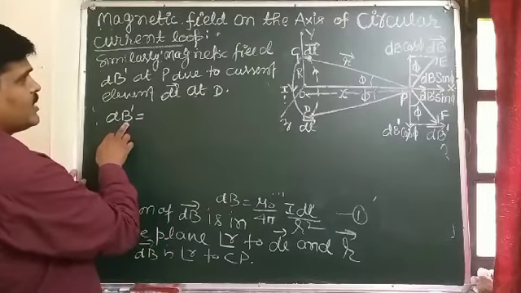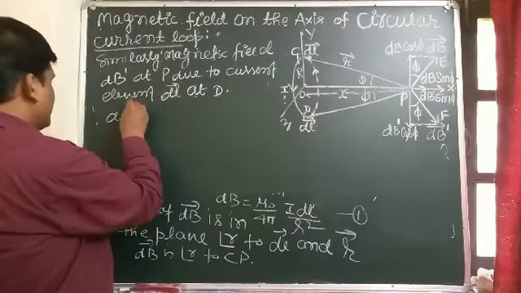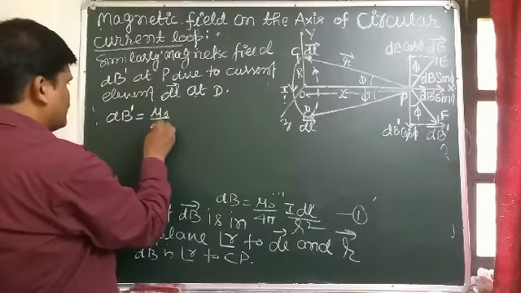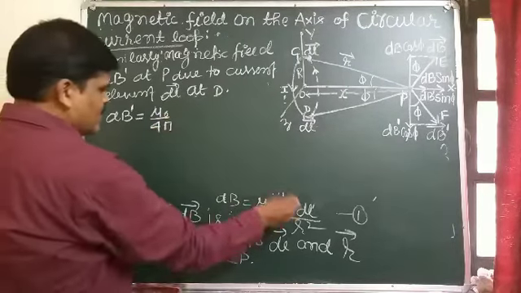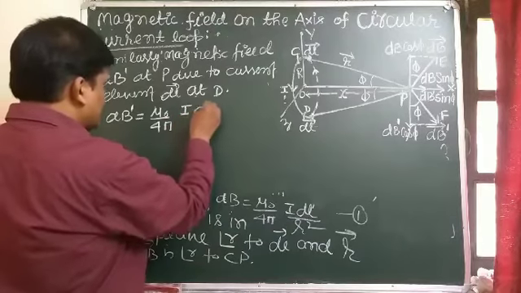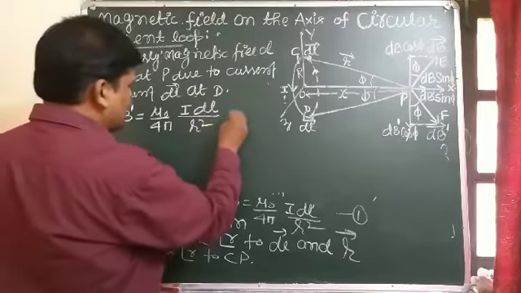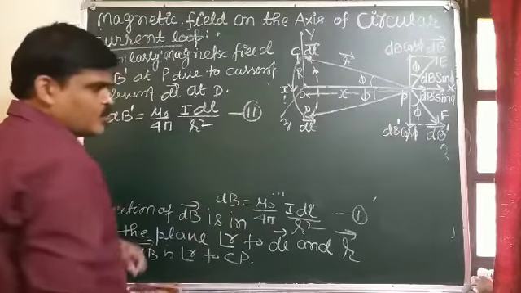So dB vector comes out to be mu naught by 4 pi, I dl by r square, and this is equation 2.